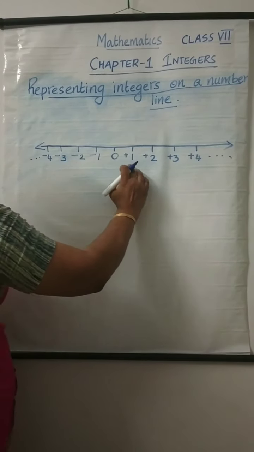Now, we can add and subtract without using a number line. Addition without using number line. First question is negative 10 plus negative 3. Here, both the signs are negative.